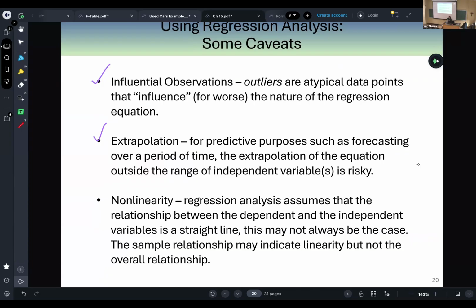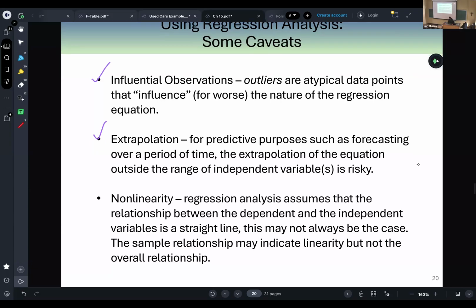There was no data between 45 and 80, and it would be risky. It has to be within the ages you collected and the time spent on the chat feature. If you go outside that, it's called extrapolation. What you want to do is interpolation, stay inside. So don't go outside the range.